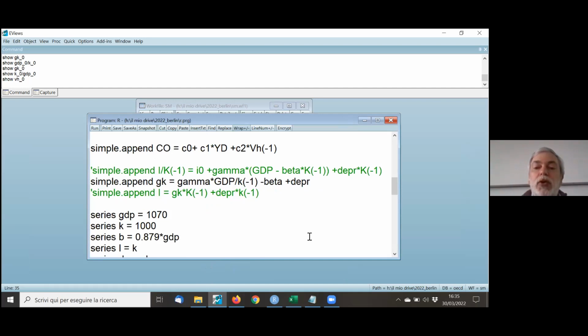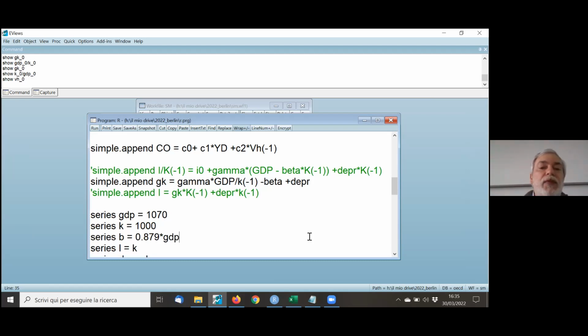Okay, so should we give it another try tomorrow morning, this investment equation? Because then one could start from here and try, let's say, checking whether income distribution matters.